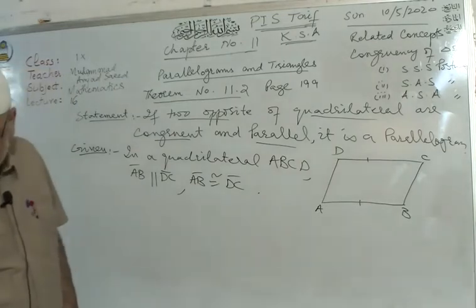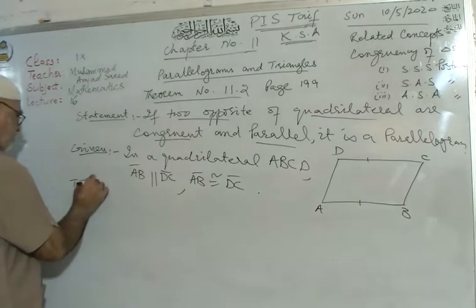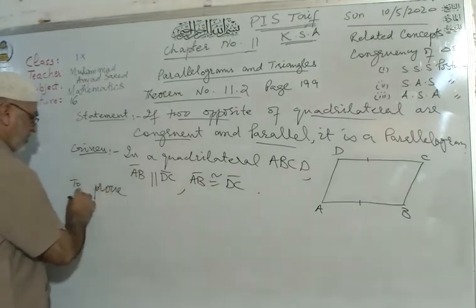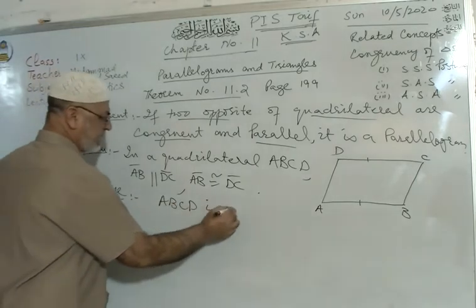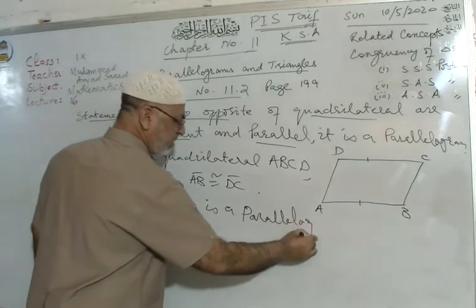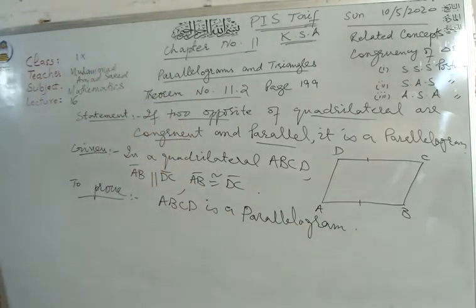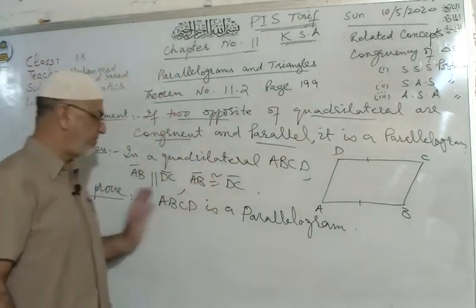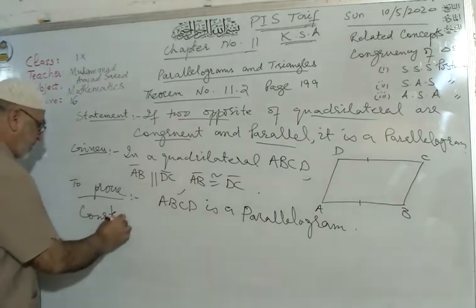After that, to prove is ABCD is a parallelogram. It's a parallelogram to prove. After that we have construction.